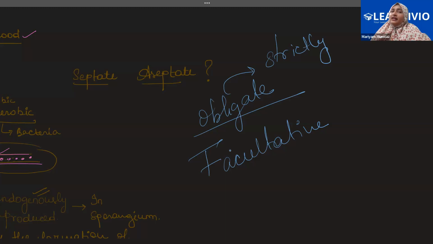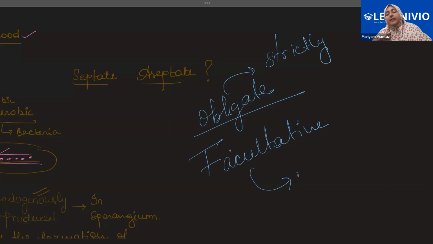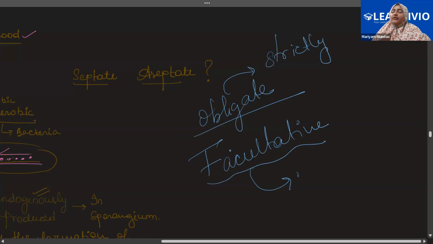They do not have any other mode of nutrition. But if I say they are facultative parasitic, it means that they can adopt the parasitic mode of nutrition when the normal food is not available. Facultative is a choice. Obligatory means a strict condition. Clear?